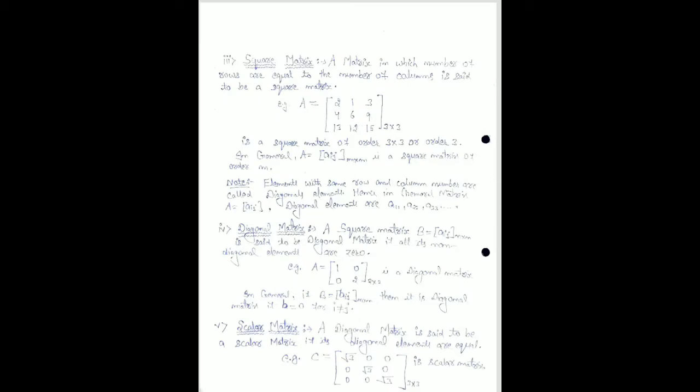Now the third type of matrix is square matrix. A matrix in which the number of rows is equal to the number of columns is said to be a square matrix. For example, here we have taken a matrix A whose entries are 2, 1, 3, 4, 6, 9, 13, 12 and 15. Here we can clearly see that there are 3 rows and 3 columns.